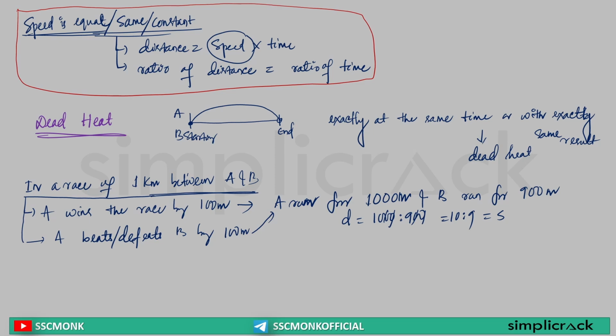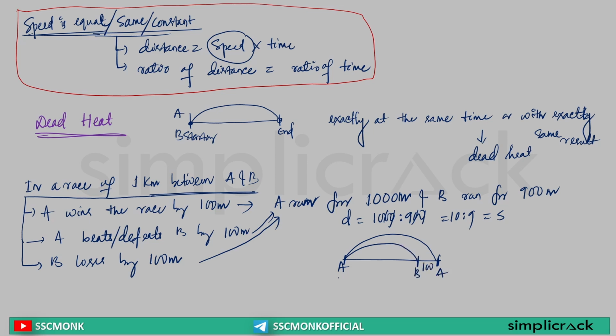If it is written as B loses by 100 meter, it is the same: A runs 1000 meter, B runs 900 meter, because he is losing by 100 meter. When A reaches 1000 meter, B reaches 900 meter. This is A, this is B, and this is the difference of 100 meter.